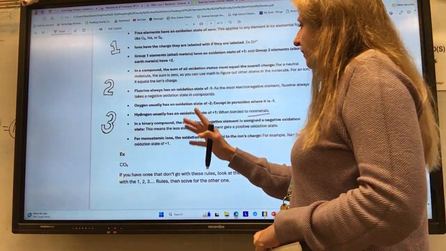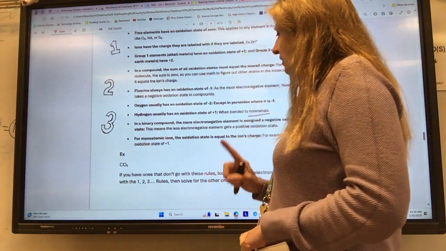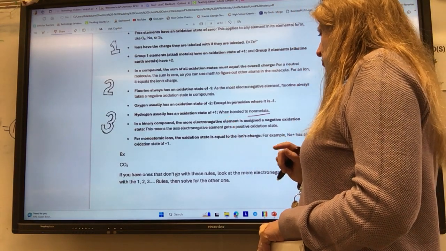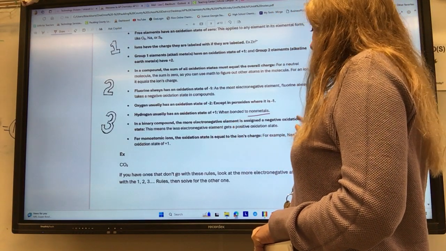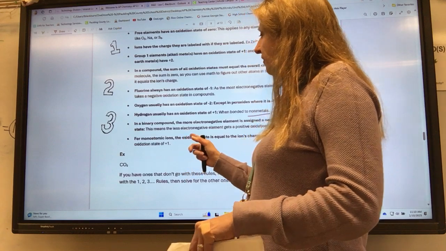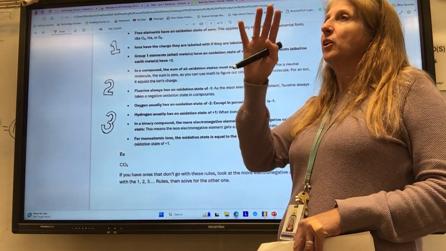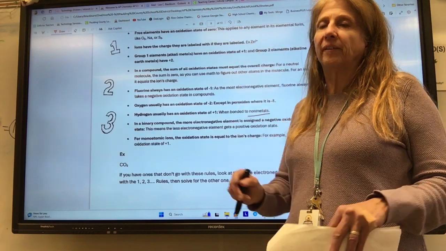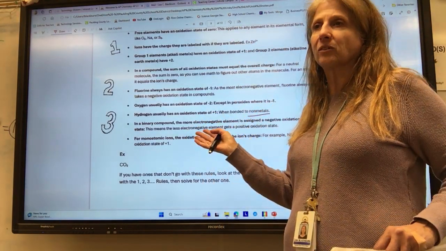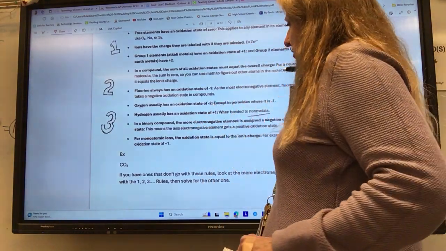I promise it'll make sense. For monatomic ions, the oxidation state is equal to the ion's charge. For example, sodium is +1. Otherwise, if you don't know, when in doubt, if there's no other clue, you go with 1, 2, 3, skip.